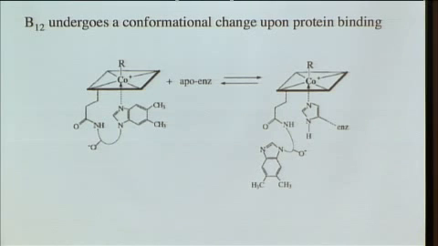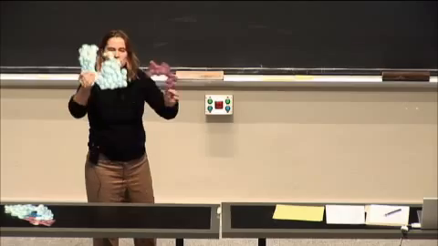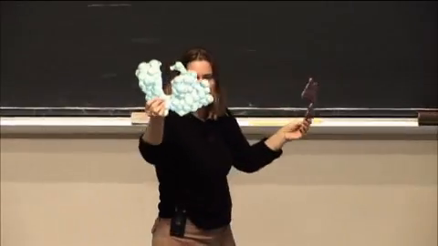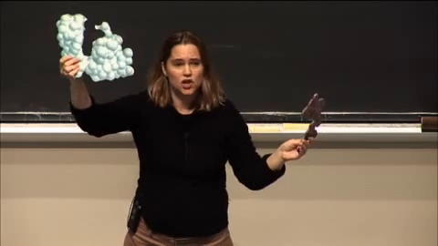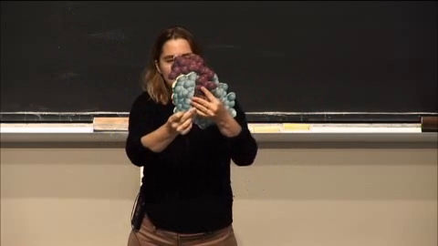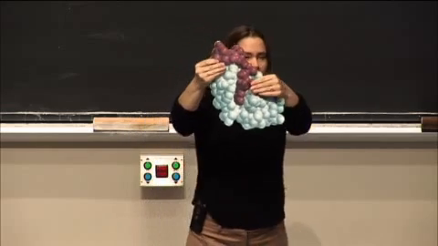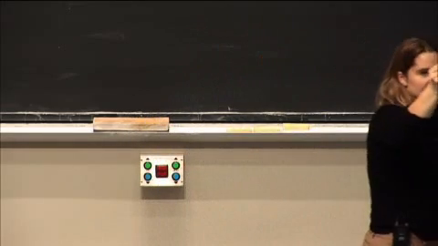When the first structure was solved of one of these enzymes, it found that here's kind of what the vitamin B12 looked like. It had this extended region, which no one was expecting. And so that had to fit into the protein. This is the domain of the protein that binds the vitamin, and it had a large hole. You put these together, and that's great. It fits, and you have a happy enzyme.